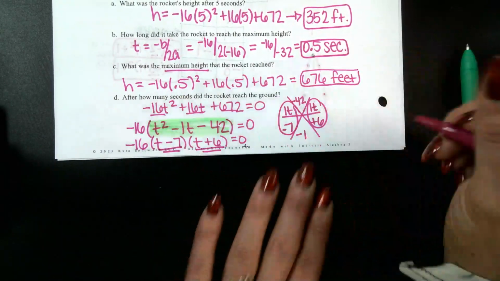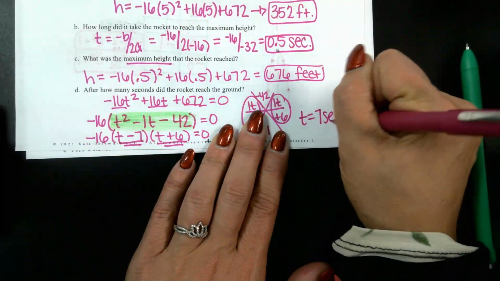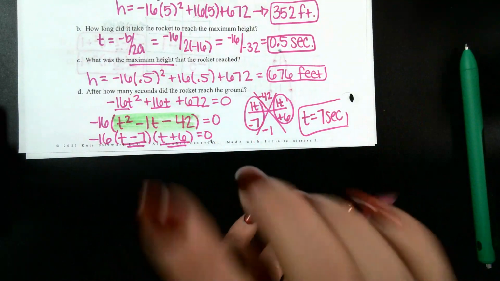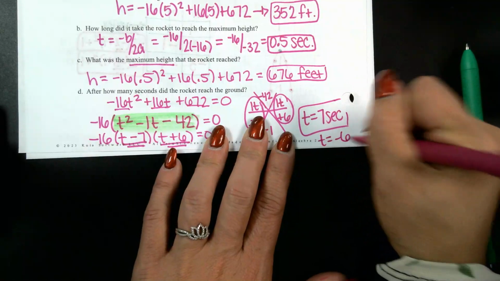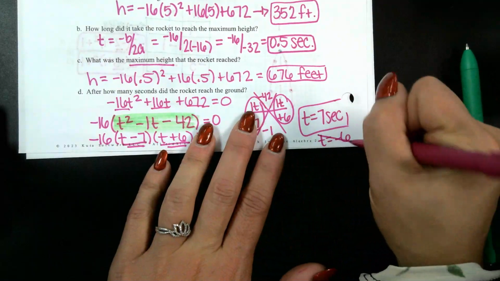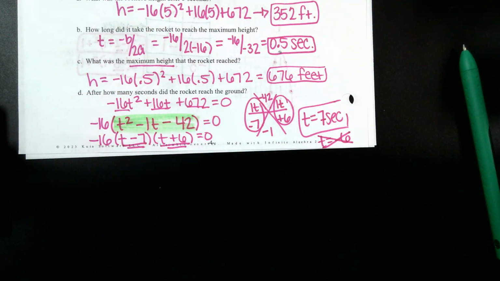So this t would equal what? 7. Now 7 is a completely acceptable answer. This one is going to give me negative 6, which does not make sense, not for time. So we cross out the negative, and the only answer we have is the positive 7 seconds.